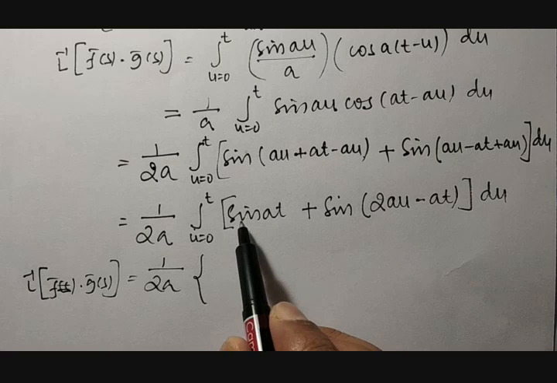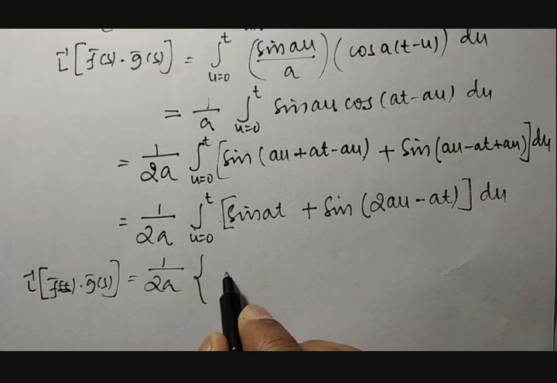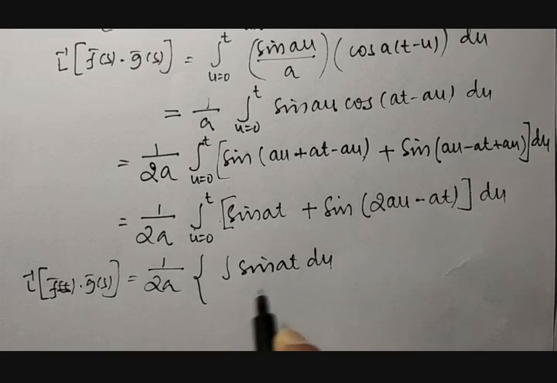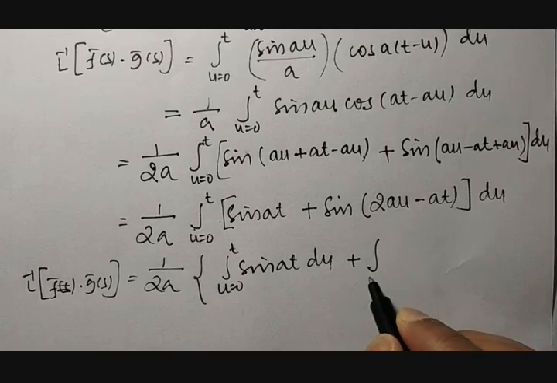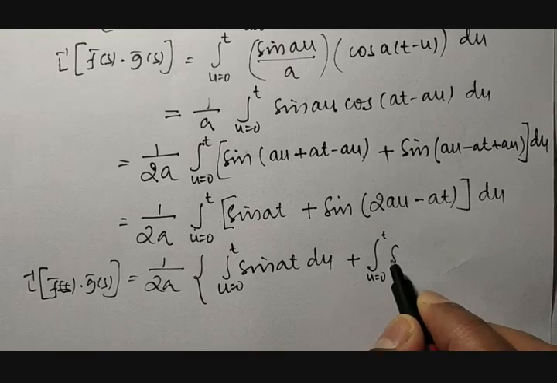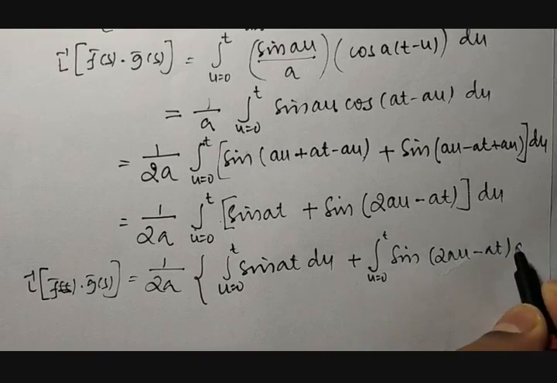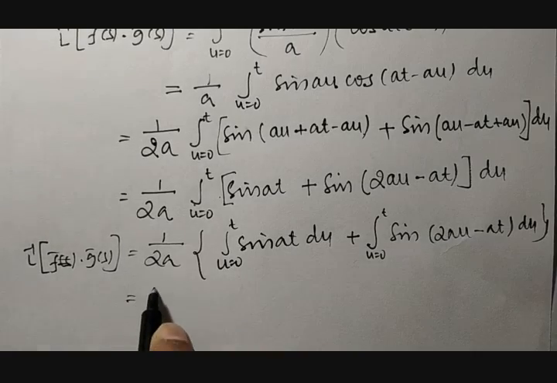Don't suddenly integrate sine at. If you want, you can take one more step, no problem. It is integration of sine at with respect to u, where u is equal to 0 to t, plus the second is integration from 0 to t of sine of 2au minus at with respect to u. Fine. So which is equal to 1 by 2a.